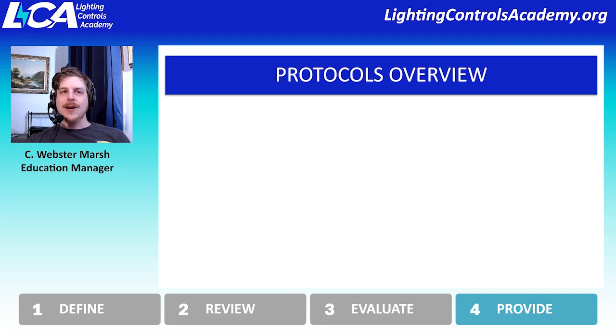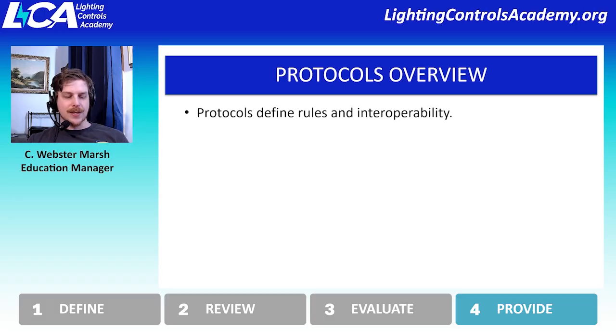When we're talking about wireless protocols, it's a very similar thought process in the sense that each protocol has its benefit, each protocol has its drawback. But when we're talking about protocols in general, if you haven't heard this term used a lot, it's the way that we define the rules for communication and interoperability.